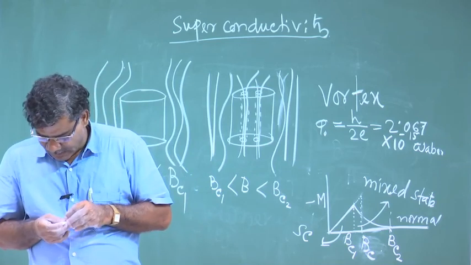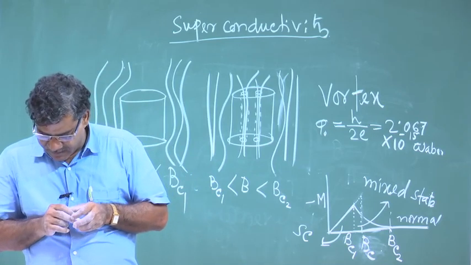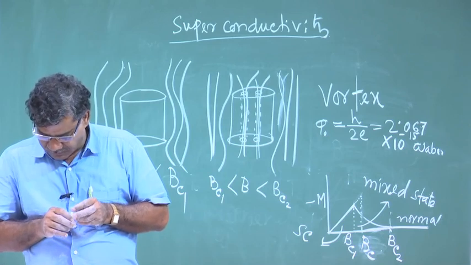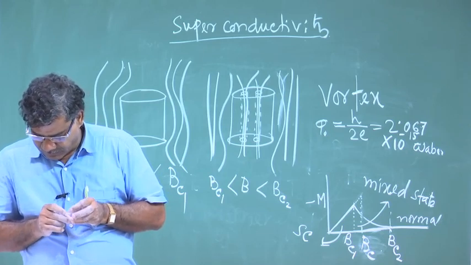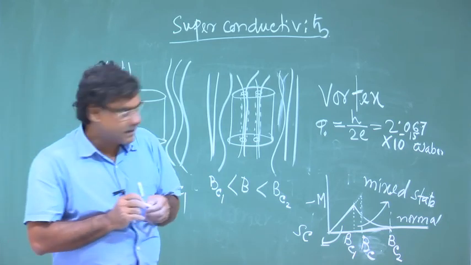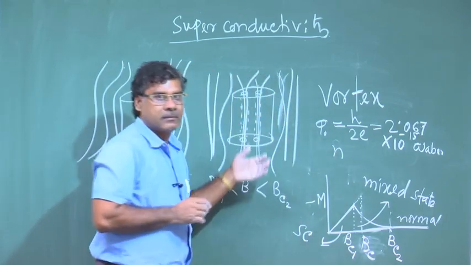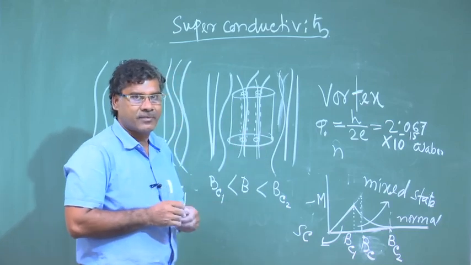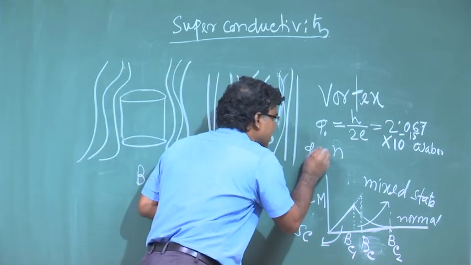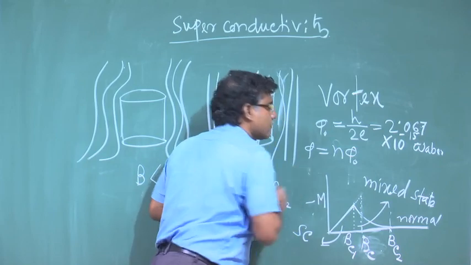That depends on the density of the vortex. If the density of vortex is n, then the total flux passing through it is equal to n phi 0.